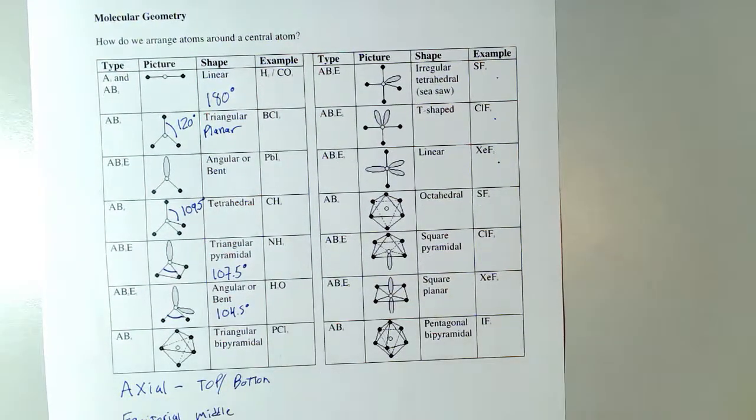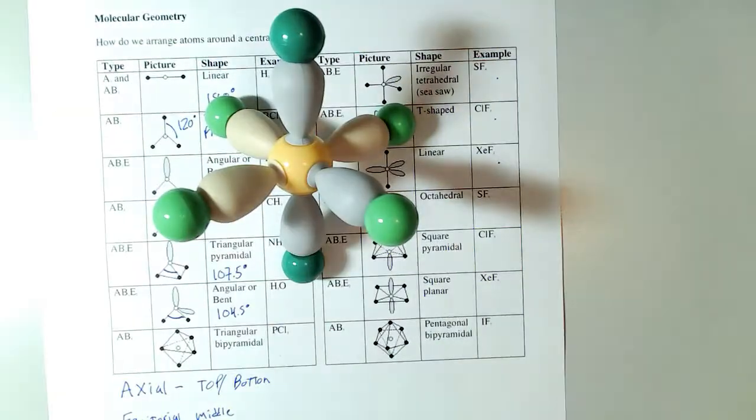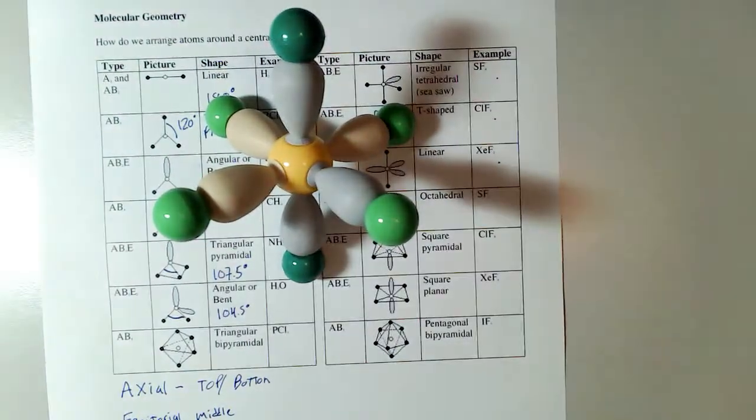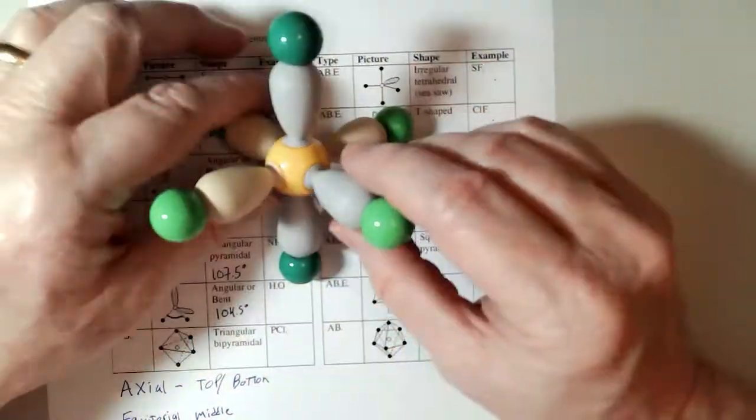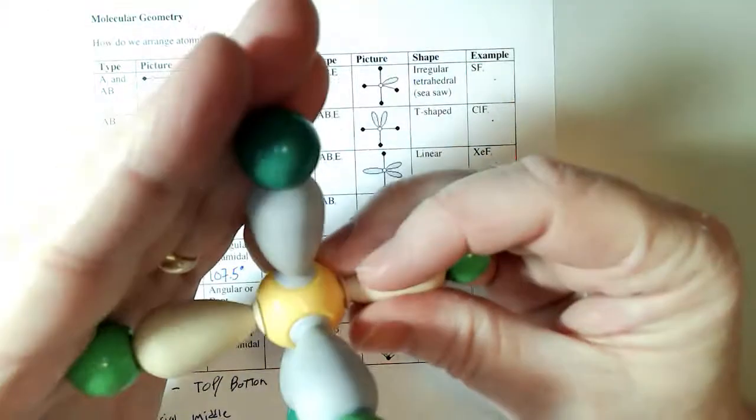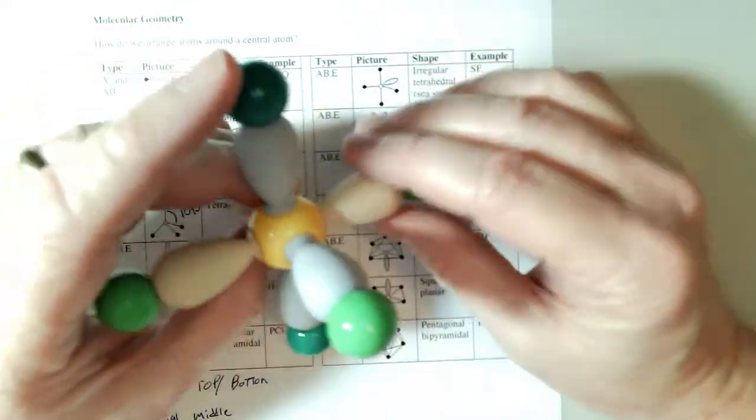All right. Now, our next possibility is octahedral, or the octahedron. Now that has 6 things surrounding it. Not 8. It has 8 faces. 1, 2, 3, 4, and the same on the bottom.